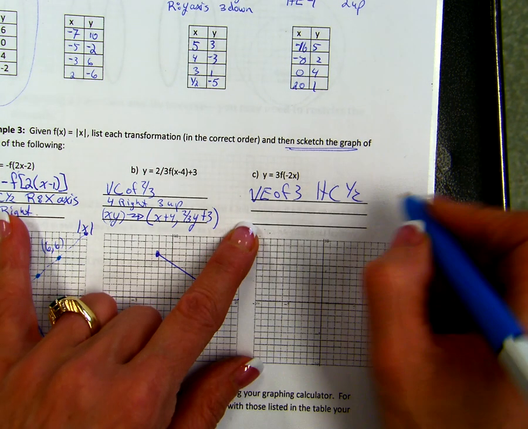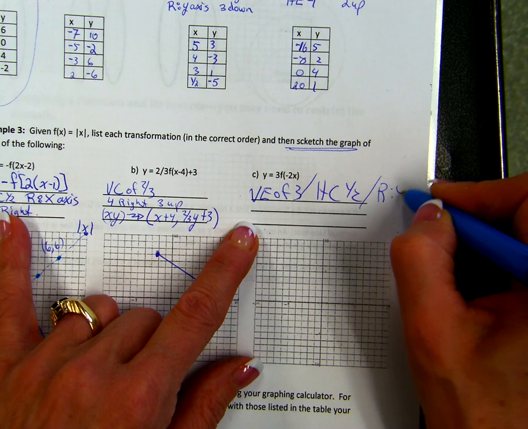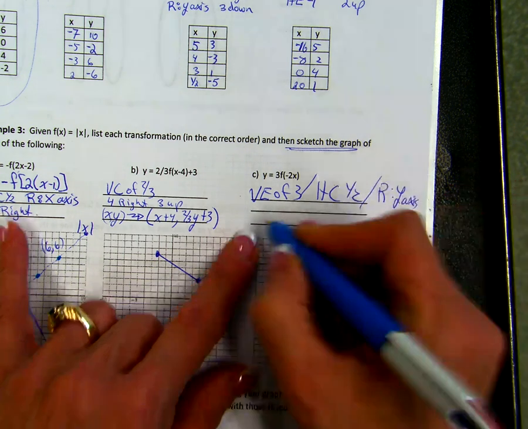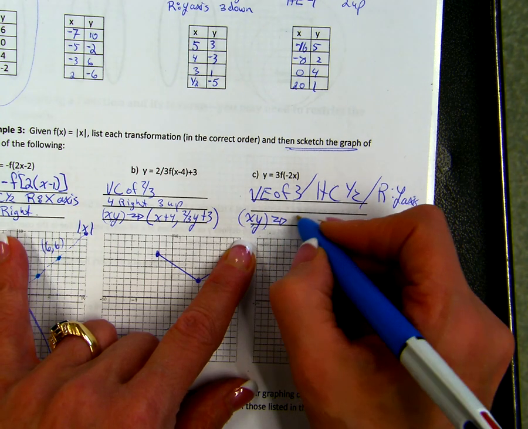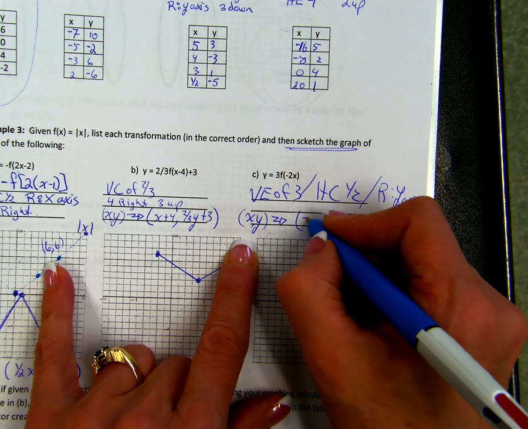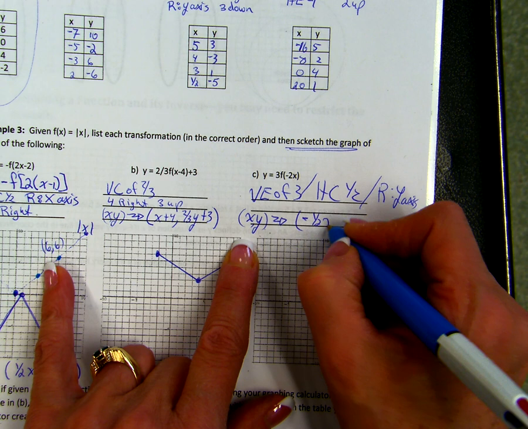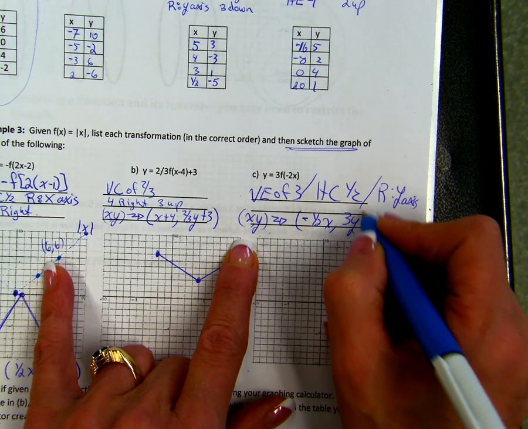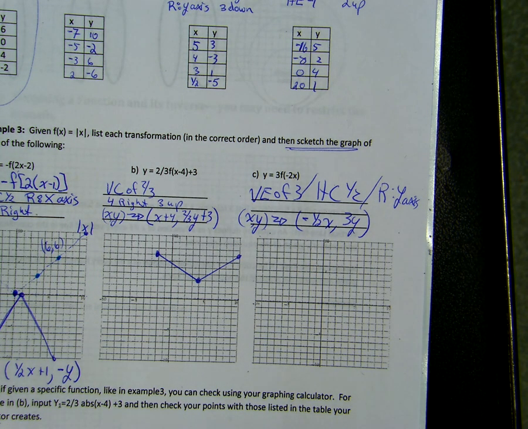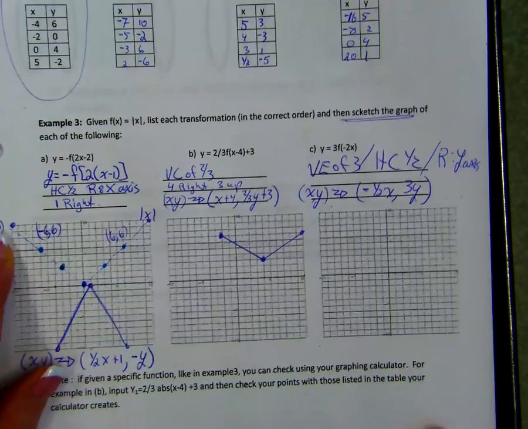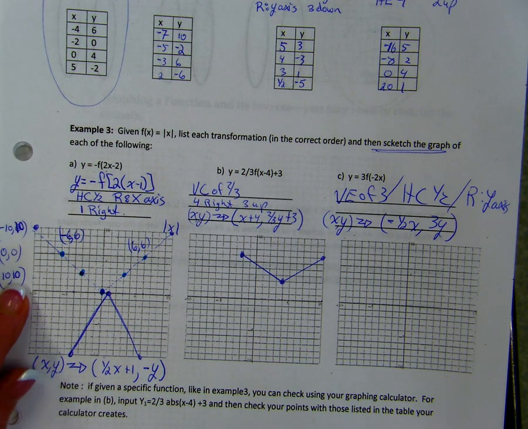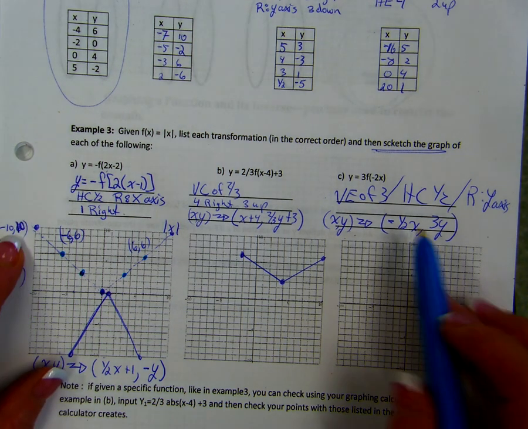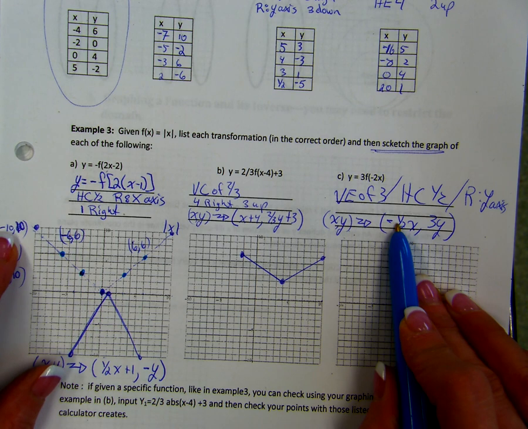This one is a horizontal expansion of 3 and a reflection over the y-axis. Any point x, y on the original goes over to -1/2 x and 3y. What I did to begin with, this negative 10.